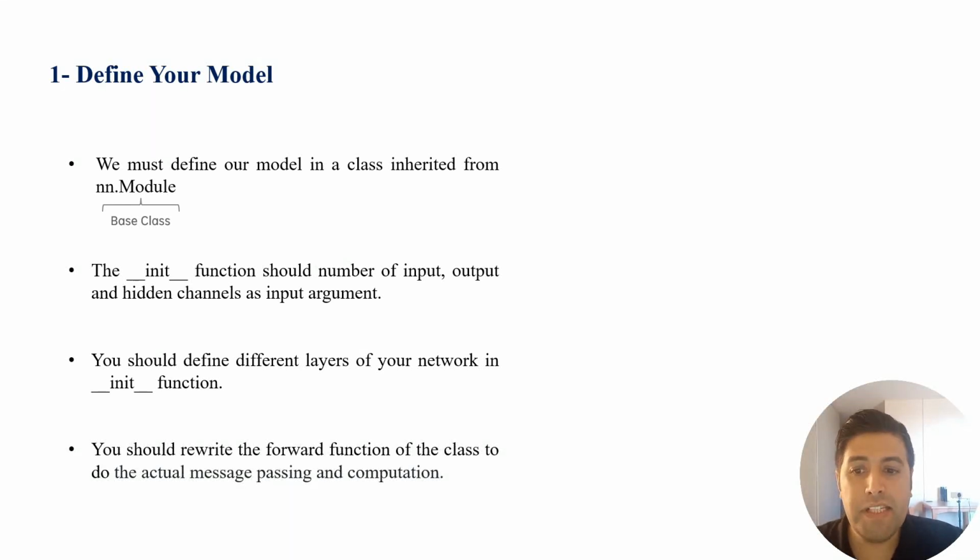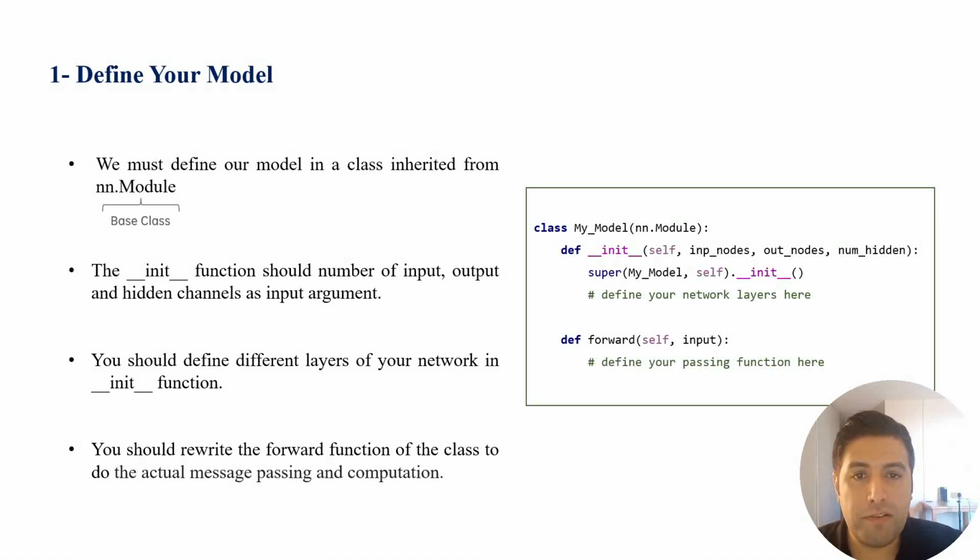And then there is a forward function, which is actually the method of the nn.Module class, the base class we use, and you must rewrite it in order to do the actual message passing and the actual computation of your neural network. Whenever the input is passed to an object initiated from your model, the forward function is called.